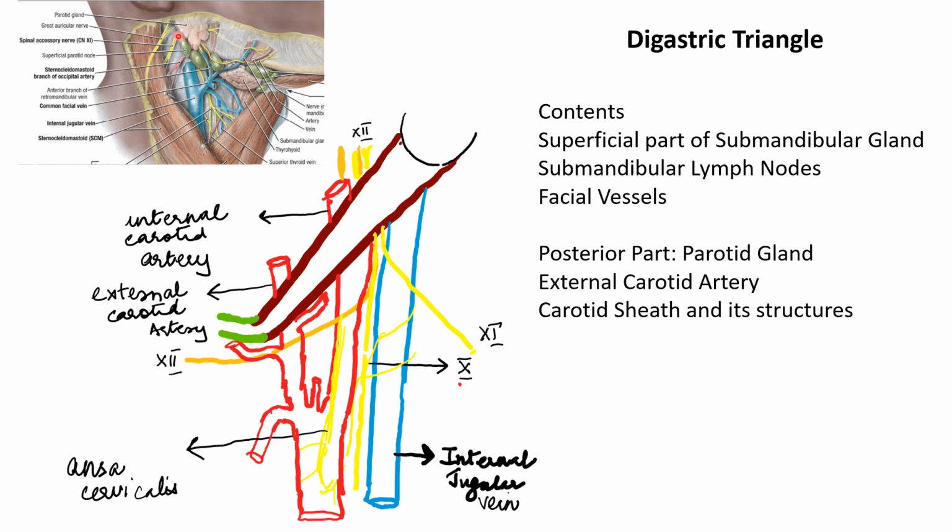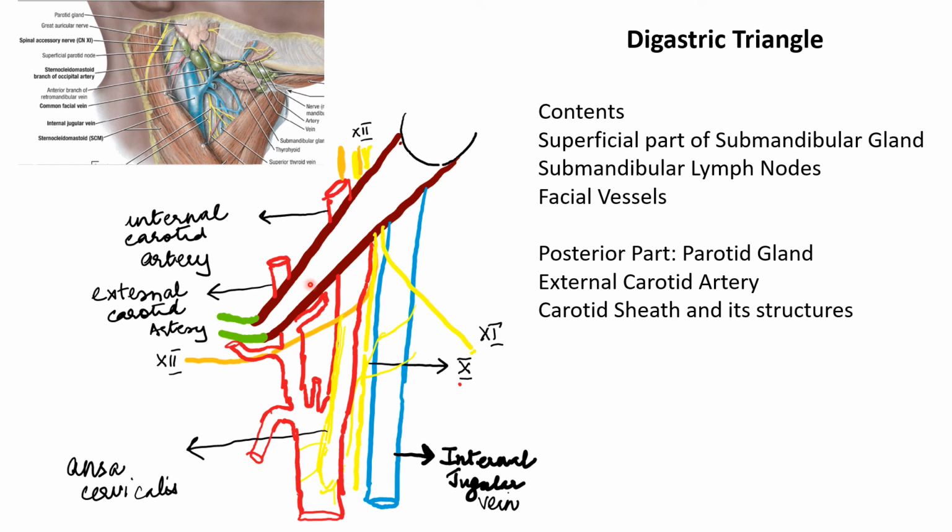In the posterior part of the digastric triangle, we'll have parts of the external carotid artery on its way when it's entering into the parotid, the carotid sheath and its structures. And also, अभी हमने देखा था जो external carotid और internal carotid के बीच में कैसे stylopharyngeus and glossopharyngeus पड़ी हुई थी, right? So एक और structure जो पड़ा होगा उसके बीच में will be the parotid gland.